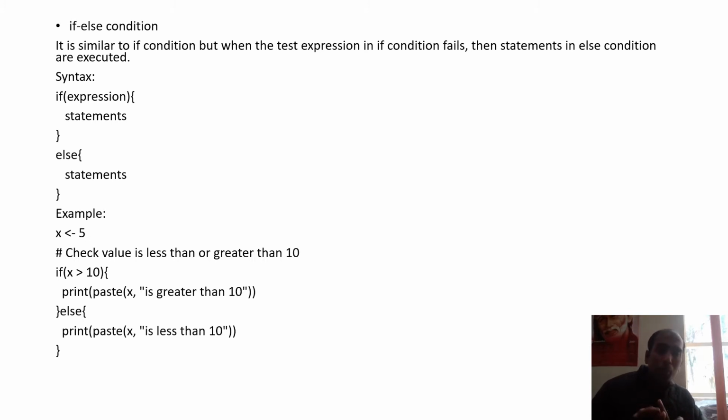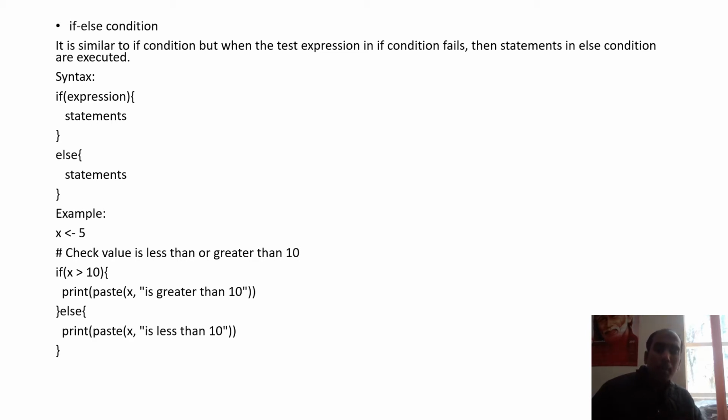These opening and closing curly braces define the block. Here indentation doesn't matter, you just need to give the opening and closing curly braces. That will specify where the condition starts and ends. After that you specify else, and then again specify the block of the else statement. So let's see an example.